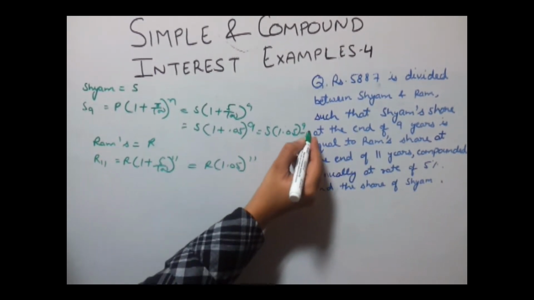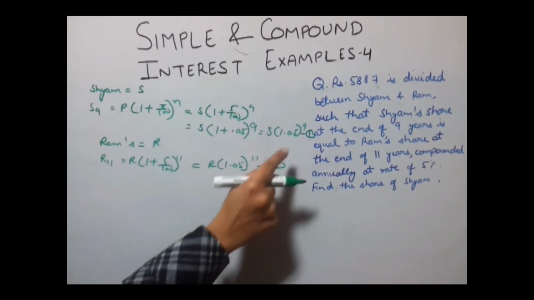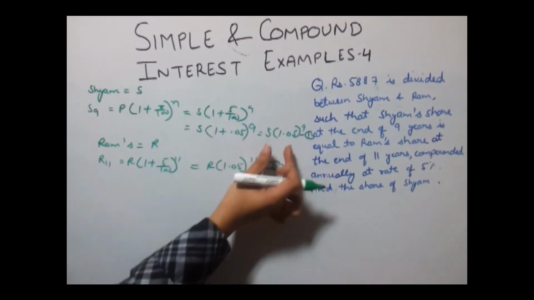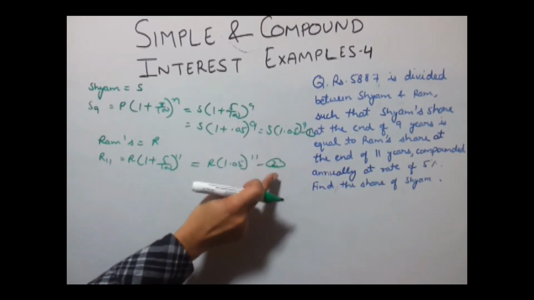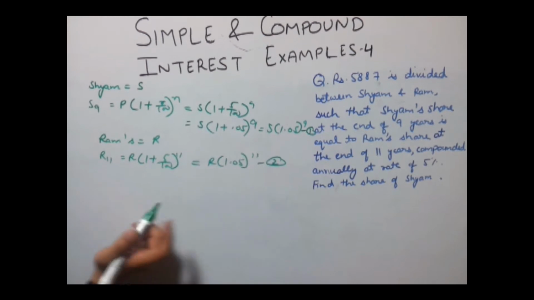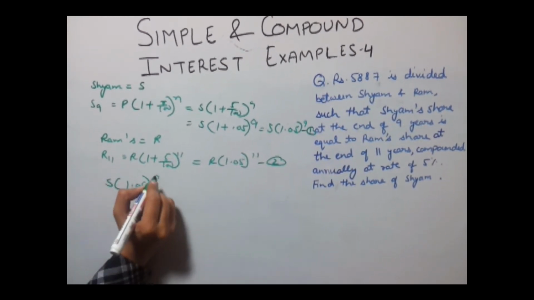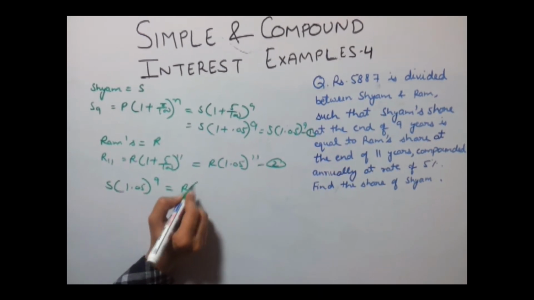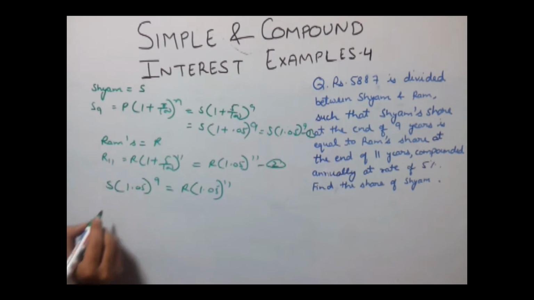Now this is our first equation and this is our second equation, and according to the question both these equations are equal because Shyam's share is equal to Ram's share. So now we will equate both these equations and we will get S into 1.05 to the power 9 is equal to R into 1.05 to the power 11.